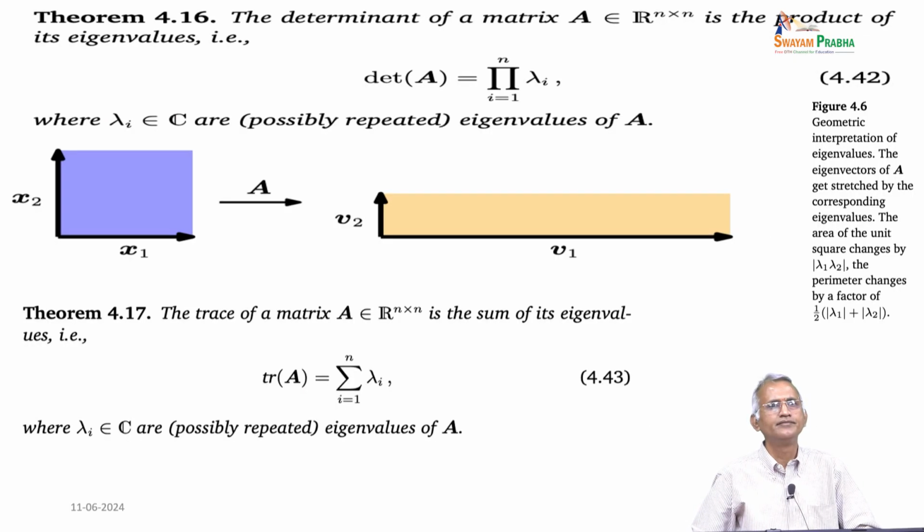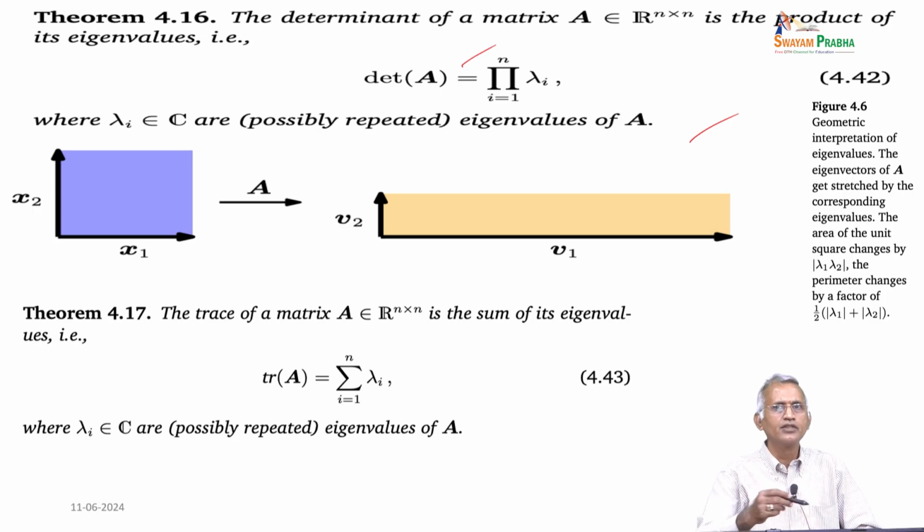The determinant of a matrix A in n cross n is the product of its eigenvalues: determinant of A equals the product over i equal to 1 to n of lambda i, where the lambda i are possibly repeated eigenvalues of A. Now, a geometric interpretation of eigenvalues: the eigenvectors of A get stretched by the corresponding eigenvalues.